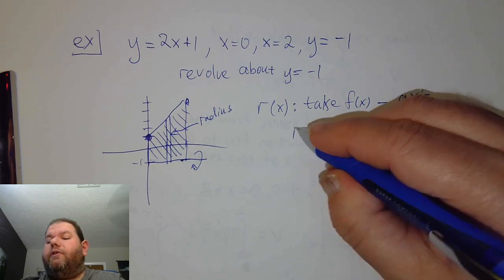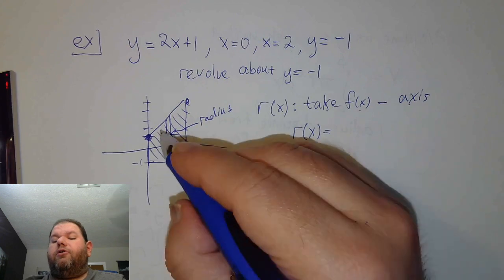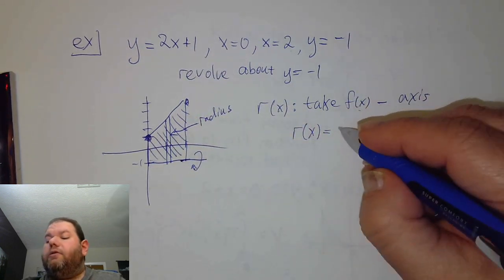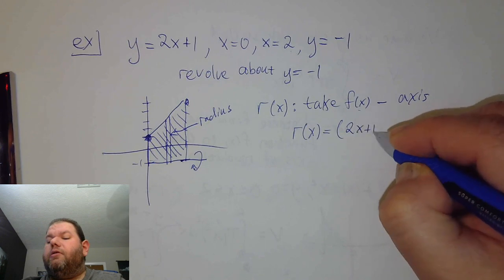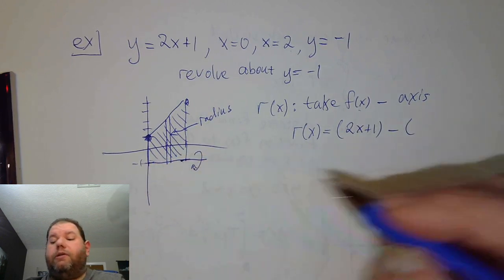So in this case, r of x, our radius function, is our top boundary, which is 2x plus 1, minus our lower boundary, which is at negative 1.